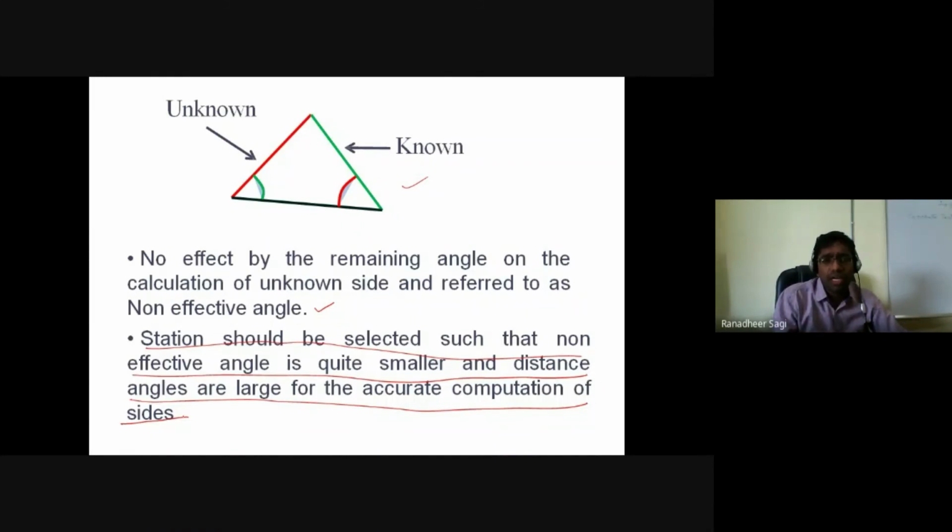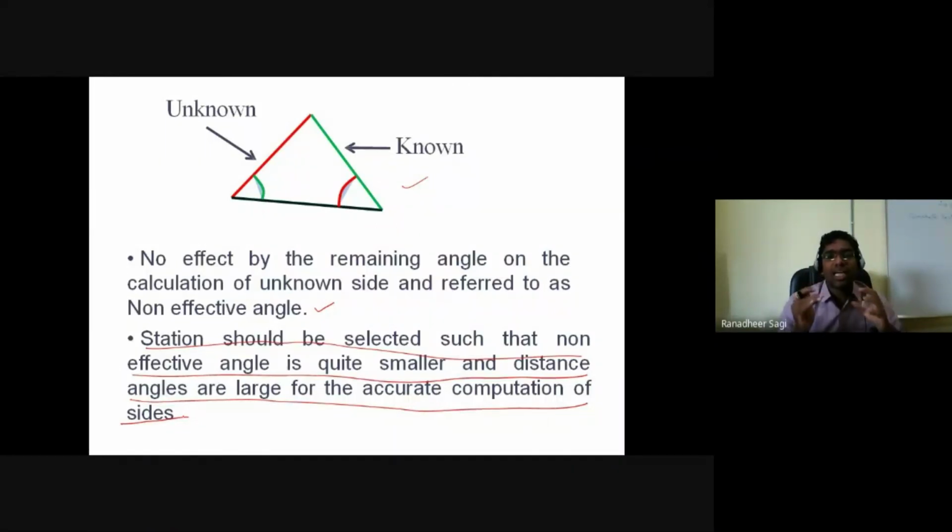That's the reason why whenever you are trying to choose the stations in forming your triangulation network, station should be chosen in such a way that the non-effective angle can be quite smaller, because that angle we are not going to be using.